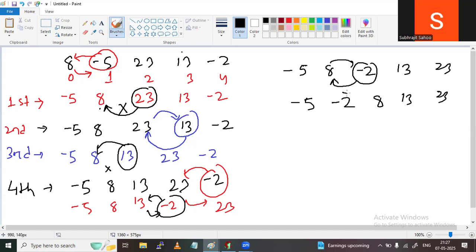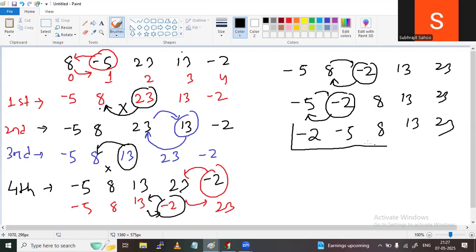Now after that, again check -2 with one more element on the left side. -2, is it required? Yes, sir, 100% it is required: -2, -5, 8, 13, 23. Now this is my answer because after this -2, no element is there on the left side. So this is my final answer.